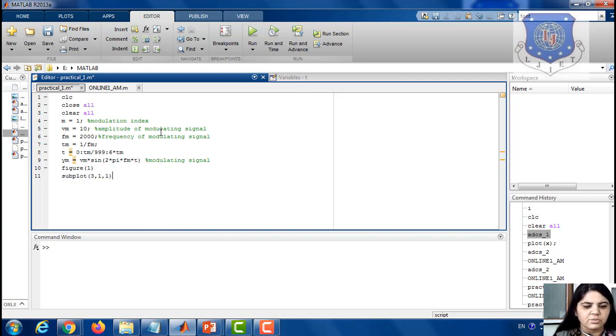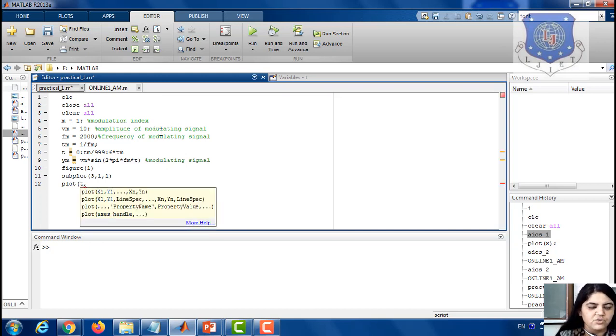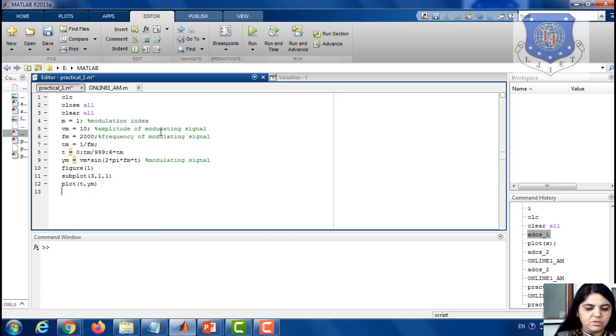Then I plot t comma Vm. I also want to give the title of my figure, so I write the title, modulating signal. This is the first procedure, generating the modulating signal.